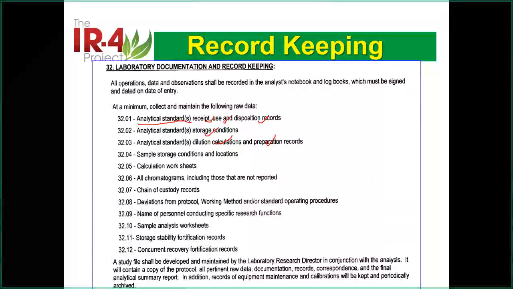When you receive the standard, you should record it as received. You need to have communication with Syngenta, with Dow Agro, Corteva, with Bayer, with all those companies. Okay, communication received. And when you use the standards, every single time you use that, you need to have a record, and you need to archive that, put it on the side in case there's any contamination.